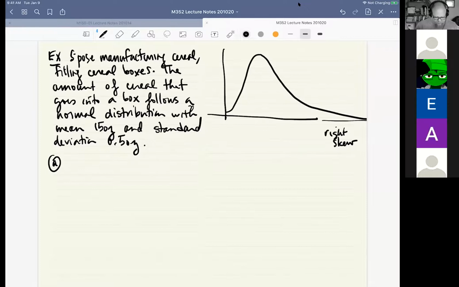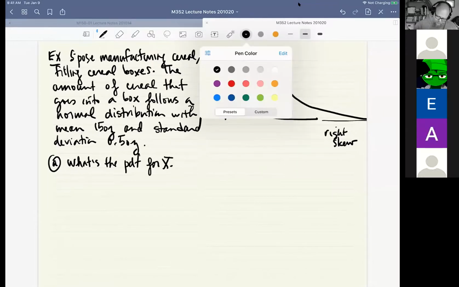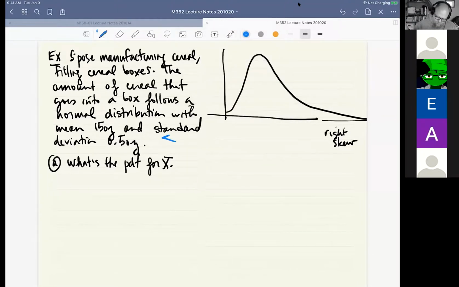So we can ask the question, what's the PDF for this random variable? Let X represent the amount of cereal in a box.